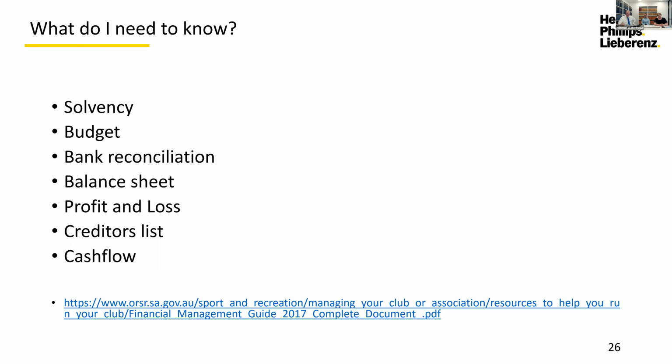From a financial perspective, every committee member needs to ask questions sufficient to enable them to determine whether or not the club or association that they're on is solvent. That is, can the club or association pay its debts as and when they fall due?